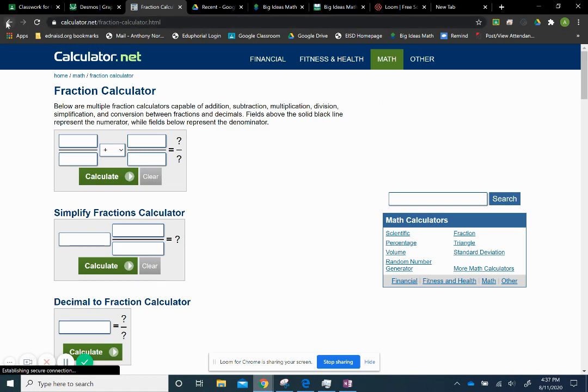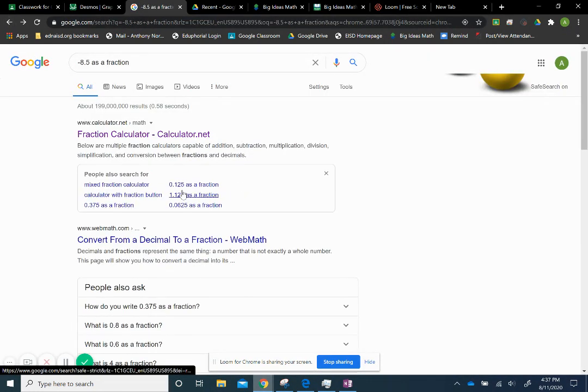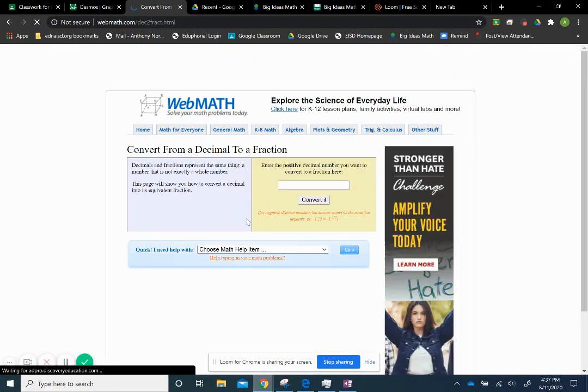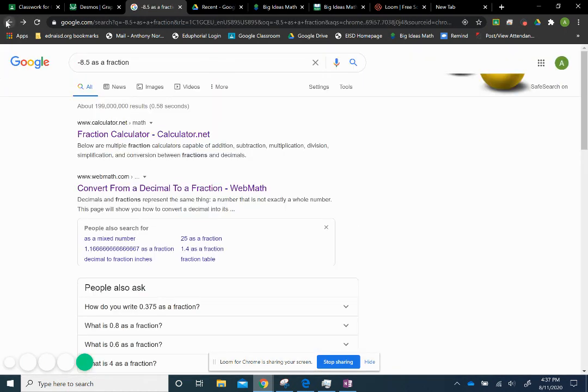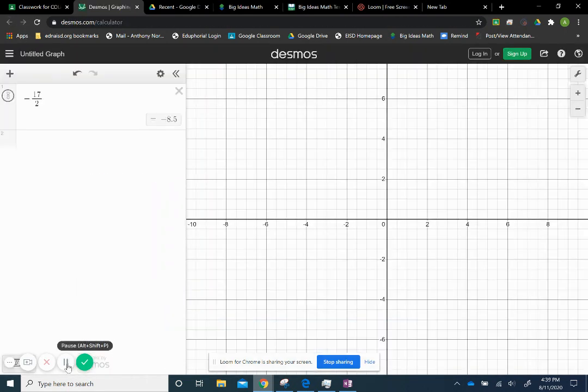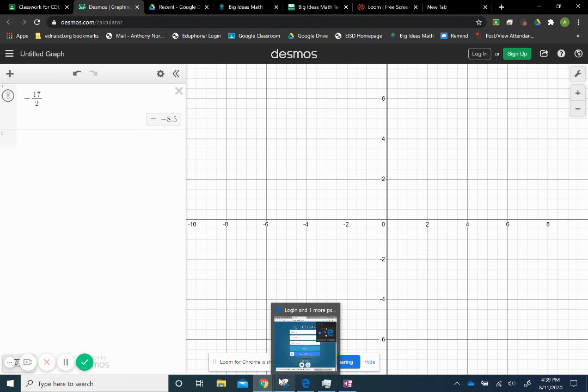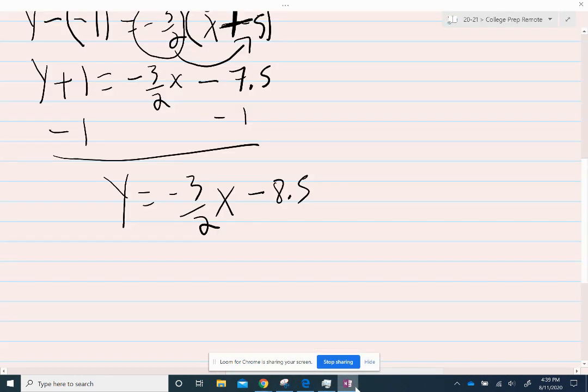Never mind, I don't like calculator.net. Web math. Let's see that negative 17 divided by 2 is negative 8.5, which is the same answer that we got, which means we are correct.